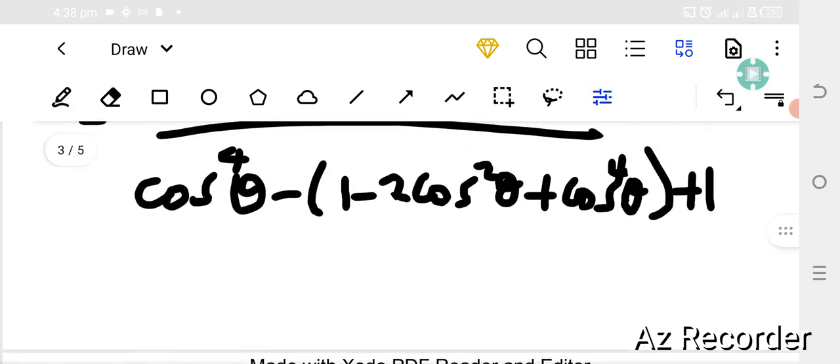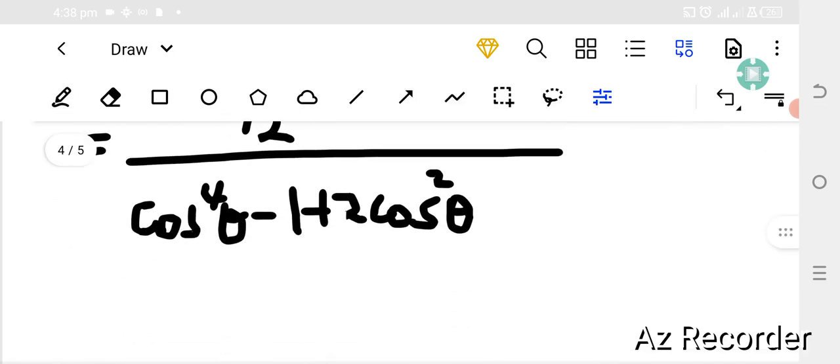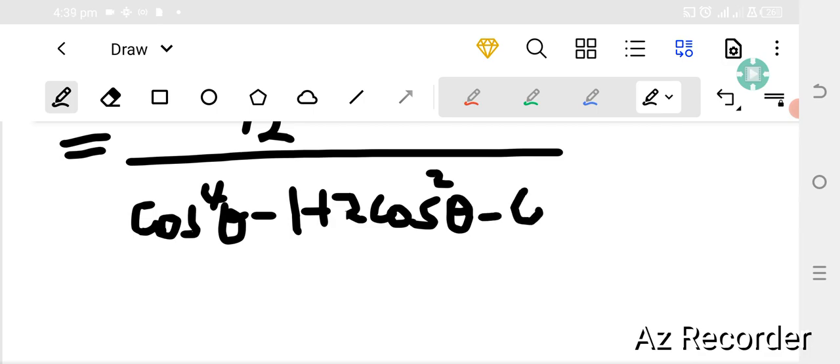Then it's going to be minus cos theta to the power 4 plus 1.